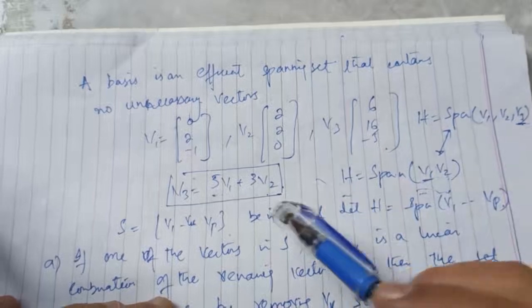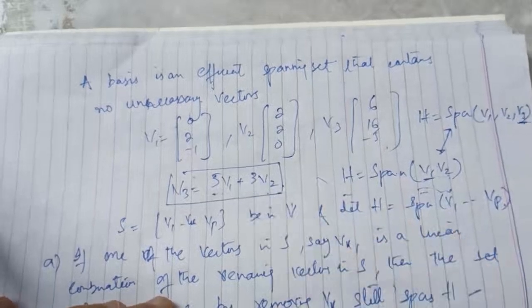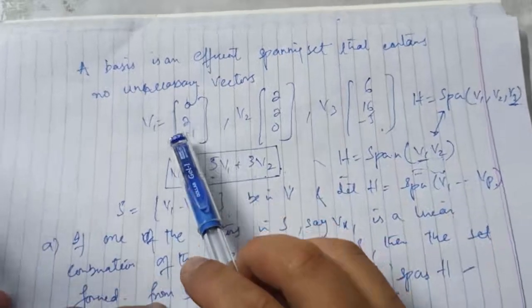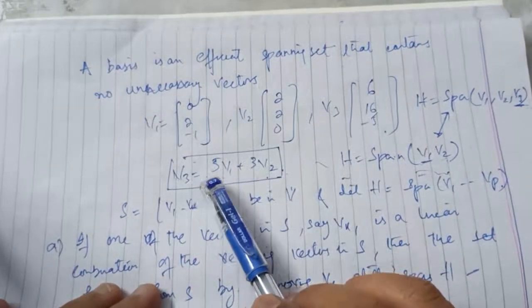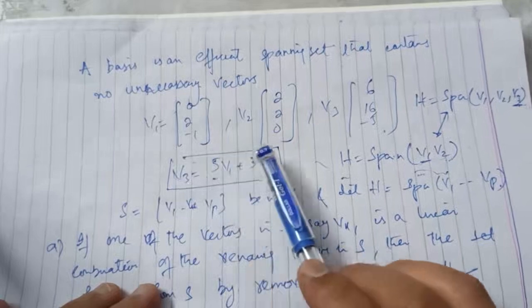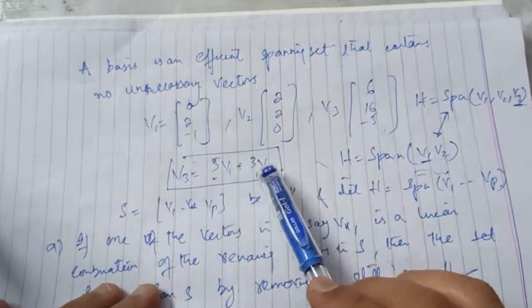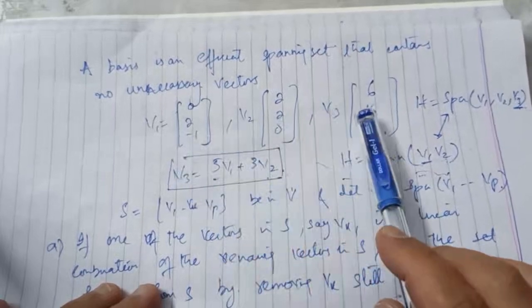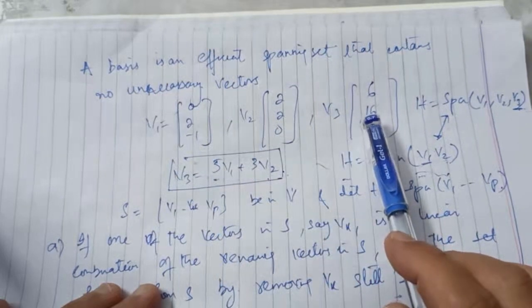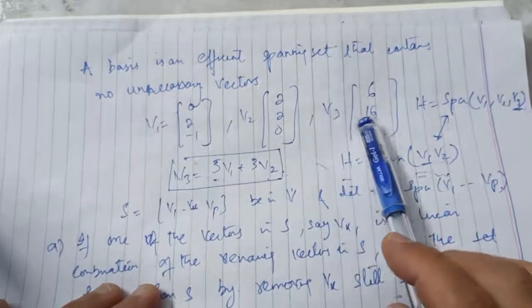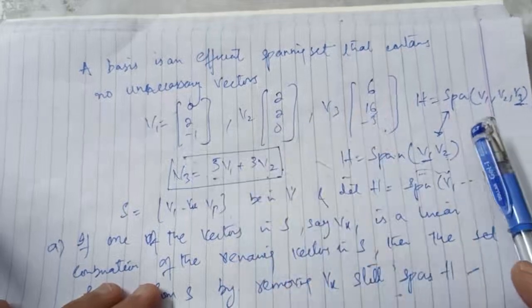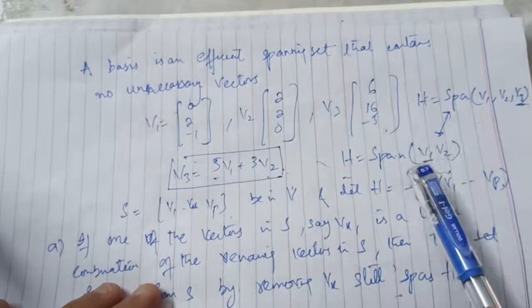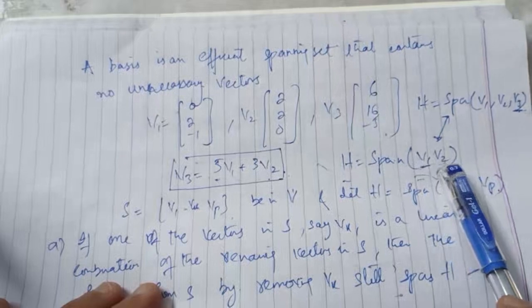So for example, say we have v1, v2 and v3, but we can see here that v3 can be written in the forms of v1 and v2. So in general, if these three vectors span a subspace H, because v3 is nothing but a linear combination of v1 and v2, the span of v1, v2 and v3 is nothing but the span of v1 and v2.